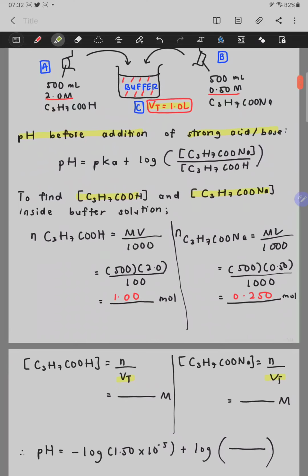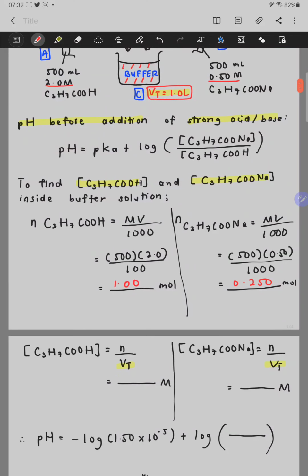So untuk weak acid, 1 mole divide with 1 liter, you supposed to get 1 molar. Untuk number of mole of salt, 0.250 mole divide with 1 liter, you guys dapat 0.250 molar. Okay, so inilah the concentration of weak acid and salt inside the buffer solution right now.